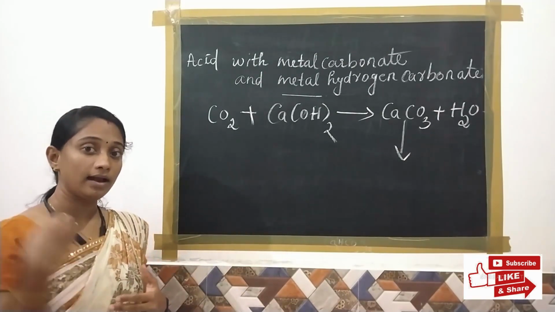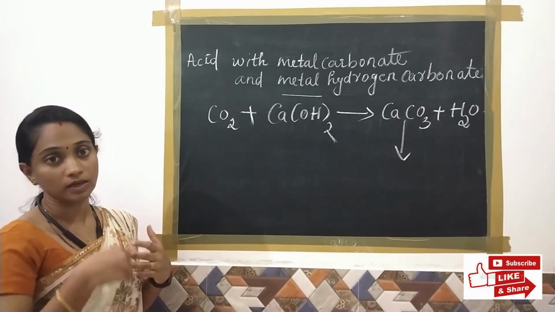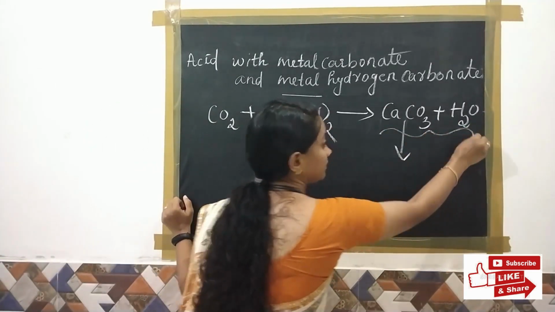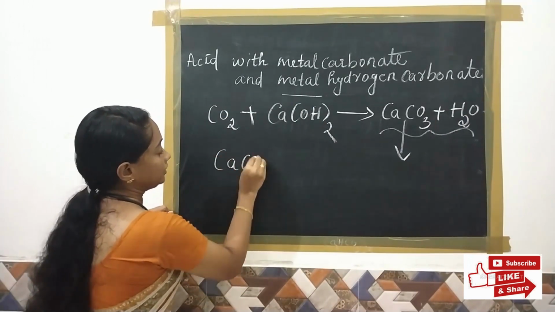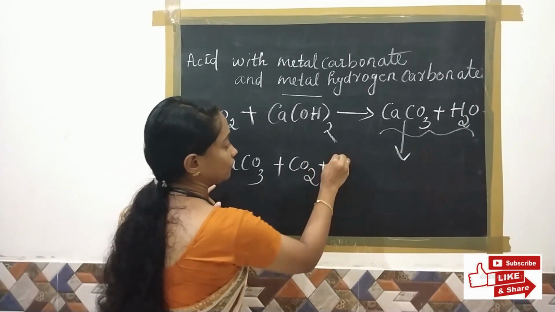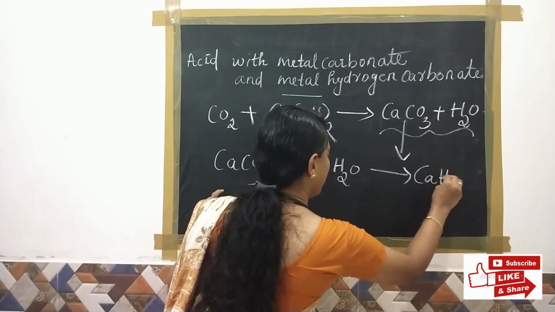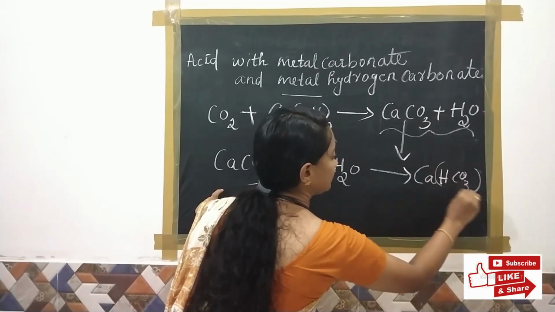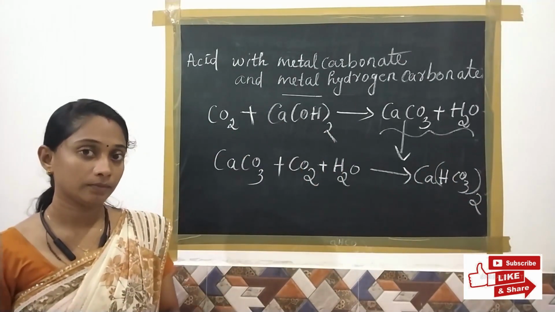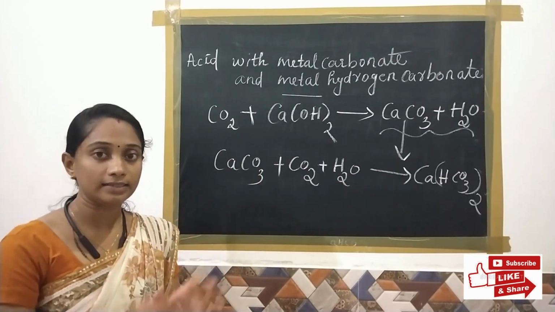And when an excess amount of carbon dioxide is passed through the solution, let us see what happens. CaCO3, when we add an excess amount of carbon dioxide in the presence of water, we will get Ca(HCO3)2, that is calcium hydrogen carbonate. It is soluble in water.